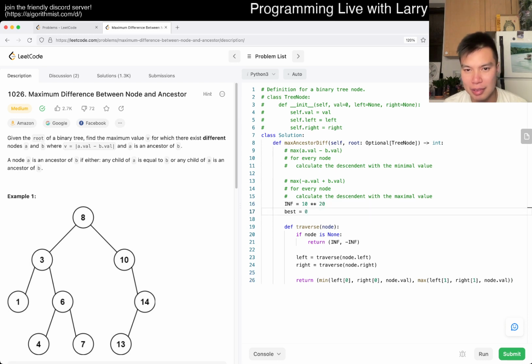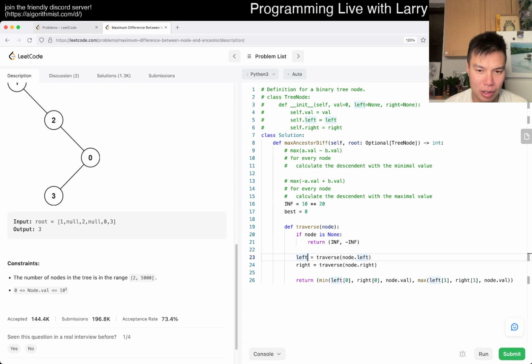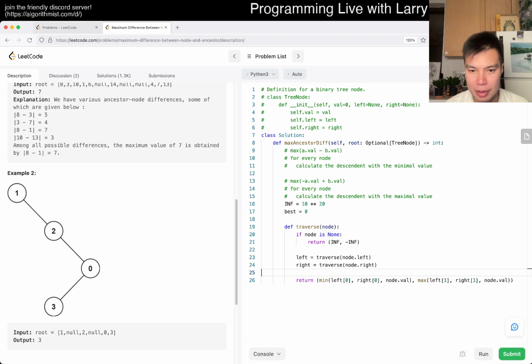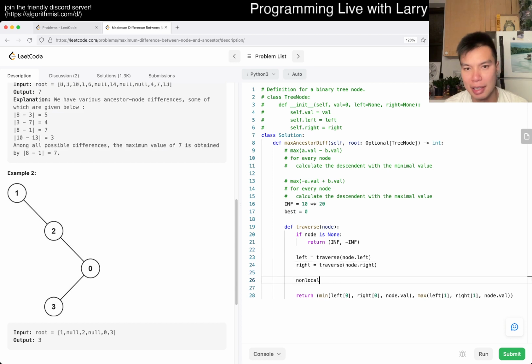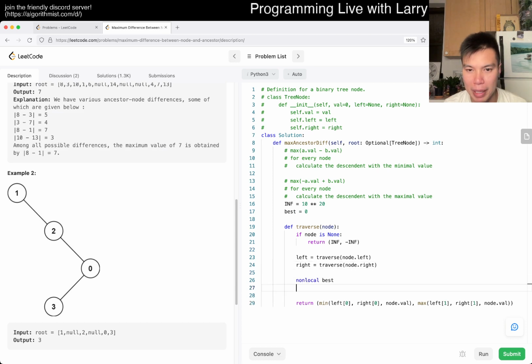Maybe even negative. I think that was fine. What about only one node or 2 nodes? I guess only 2 nodes, then it cannot be 0. Okay, fine. Then nonlocal best, and then like we said, best is equal to max of best, node.value minus the minimum value, so left sub 0 or right sub 0, right?